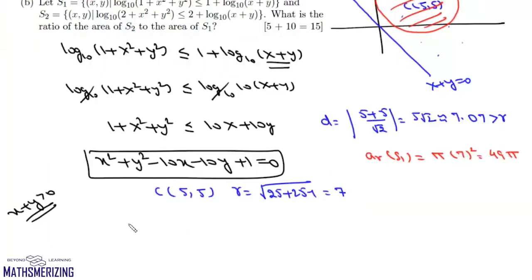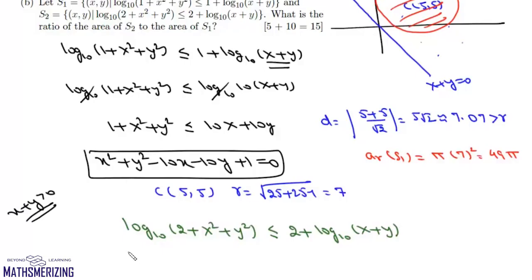Now we'll come to S2. For S2 we are given that log(2 + x² + y²) is less than or equal to 2 + log(x + y).